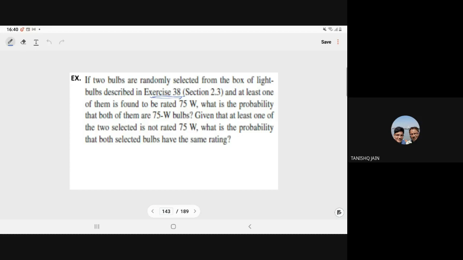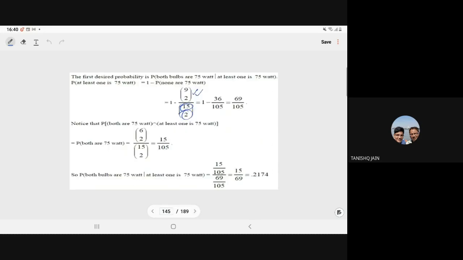So here I was talking about part A. We require this probability. Notice the probability that both are of 75 watt, intersection with at least one is of 75 watt.